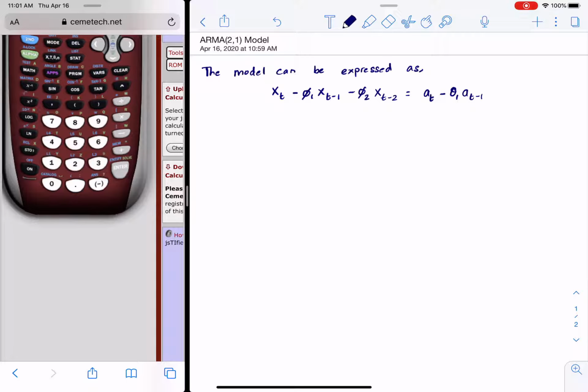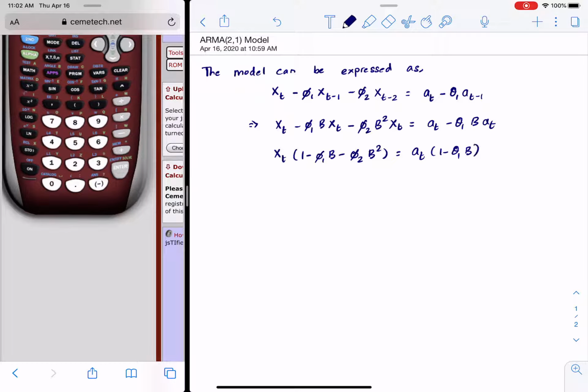And of course we could apply the usual backwards operator. So we would have x_t minus phi1 B x_t minus phi2 B squared x_t equals a_t minus theta1 B a_t. I could pull the x_t out, have (1 minus phi1 B minus phi2 B squared) x_t equals a_t times (1 minus theta1 B).